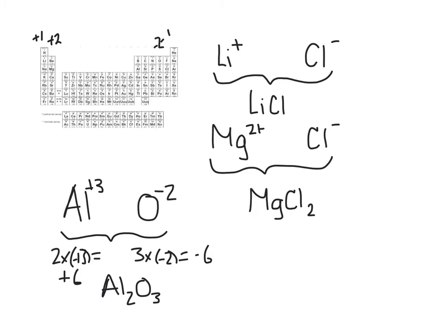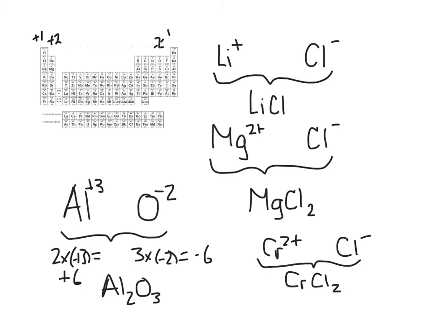If we want to make a compound from one of the transition metals with a nonmetal, we're going to need to be told what the charge on the transition metal is. Recall that the charges for transition metals are variable and they can take on multiple different charges. So for instance, I might have a chromium 2+ with chlorine, in which case the neutral compound would be chromium with 2 chlorines.